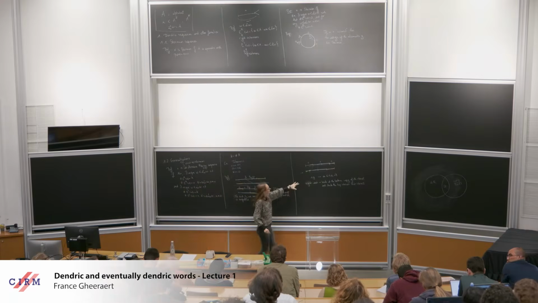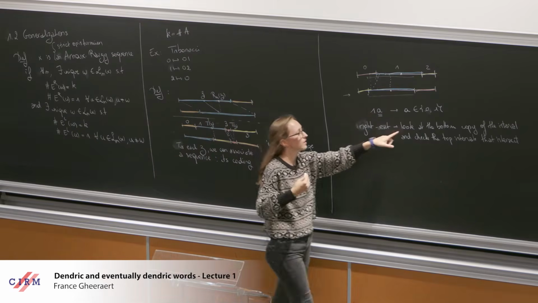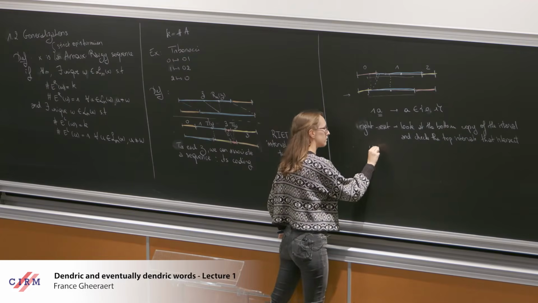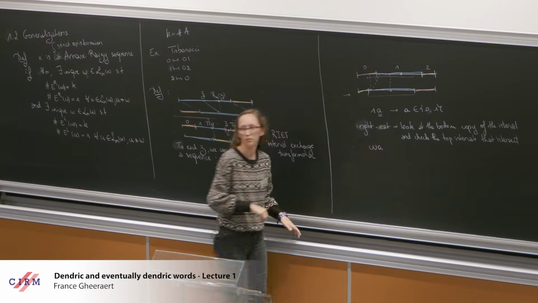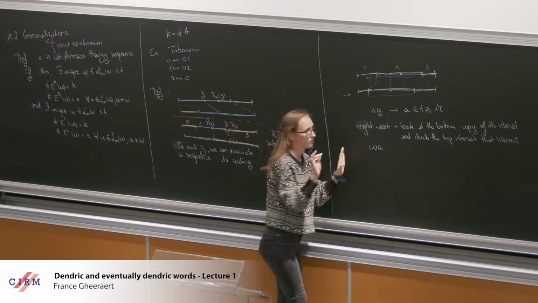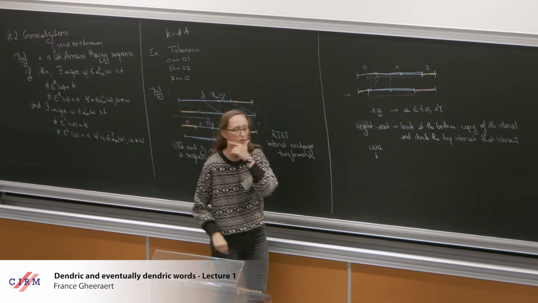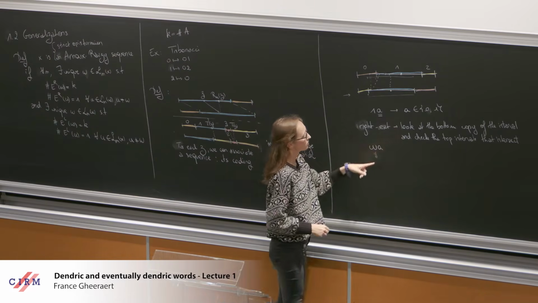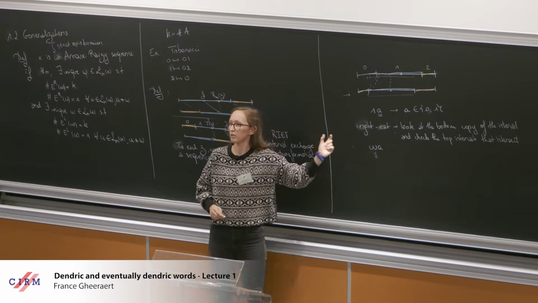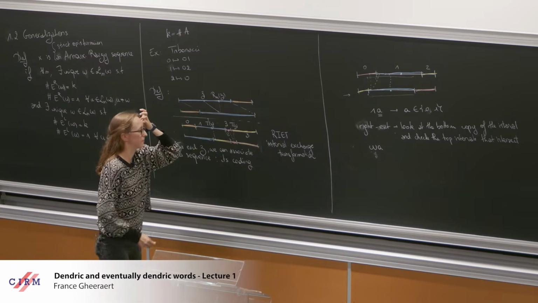Of course, here I only did it for the letter 1. And I say look at the bottom copy of the interval. But what if I want to look at the letters that can be to the right of some W? How do I do that? Well, I'm not going to go into the details, but there is also a small interval that corresponds to W. And so what you should do is exactly the same, but this time you look at the bottom copy of the small interval corresponding to W and check what are the top intervals that correspond to it.